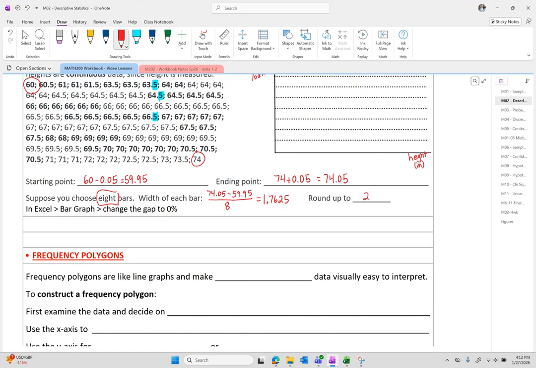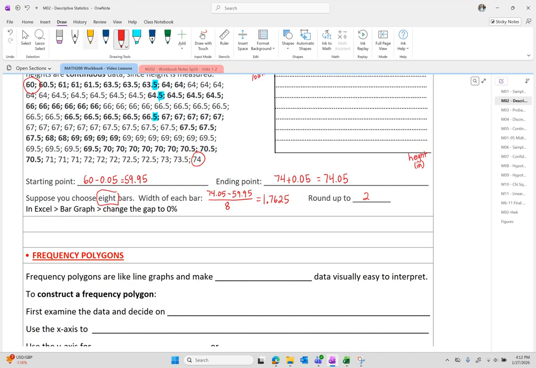And then if we start at 59.95 and I add only 2's, I will always have 2 decimal digits of accuracy. So I will never hit a data value at a border between 2 classes.